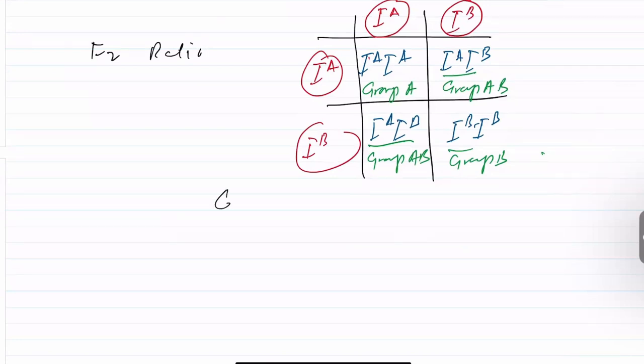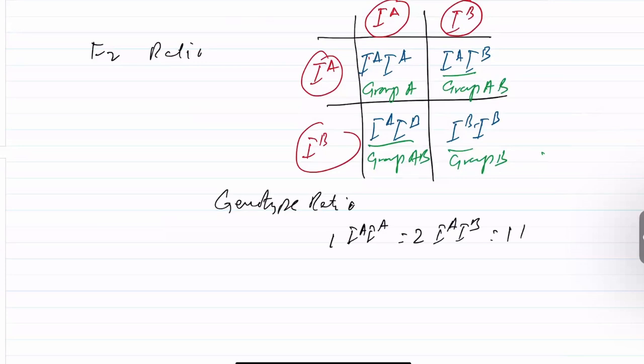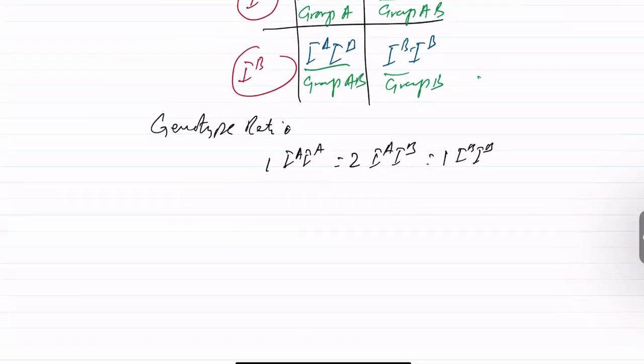The genotype ratio is 1 IAIA, 2 IAIB, and 1 IBIB: 1 homozygous for blood group A, 2 heterozygous for blood group AB, and 1 homozygous for B blood group.